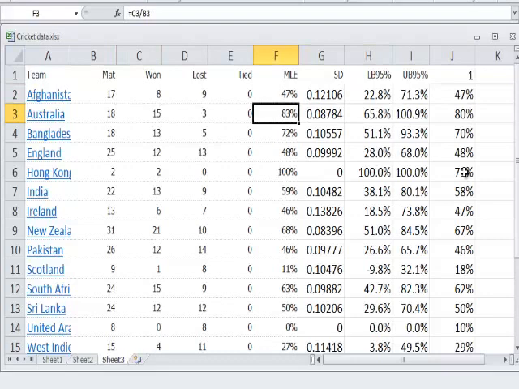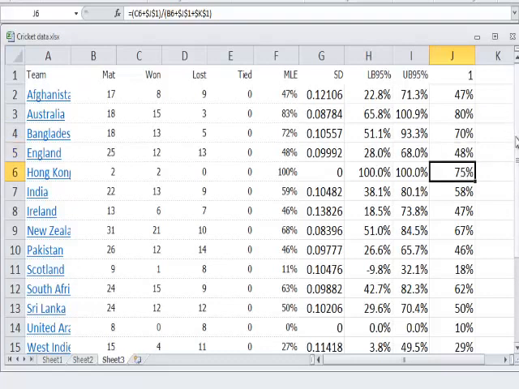Australia had an 83% MLE, and it had a confidence interval of 65% to 100%. And now the Bayesian estimate is 80%. It's less than the 83%. And similarly, Bangladesh is 70%. England is 48%.